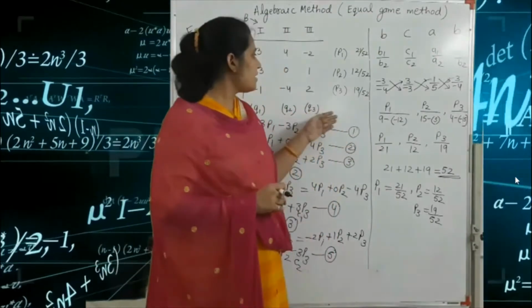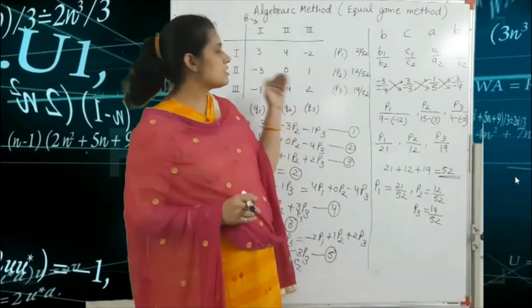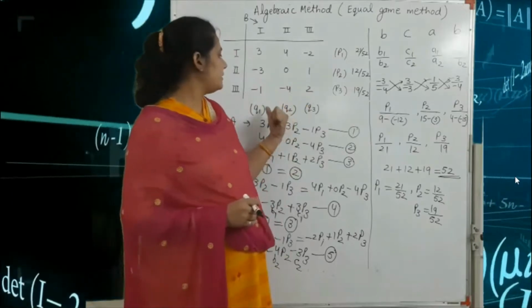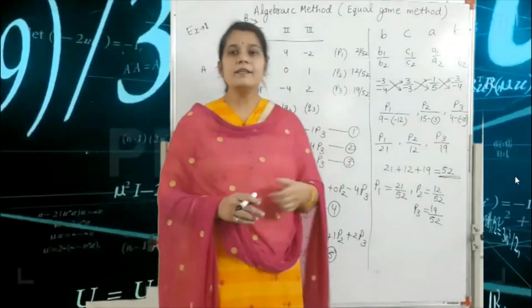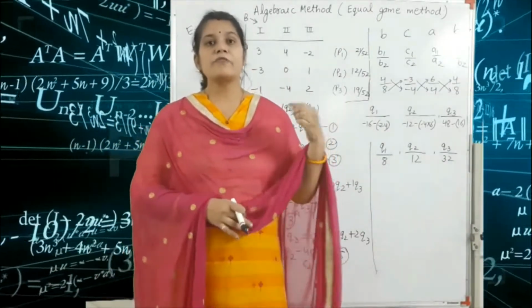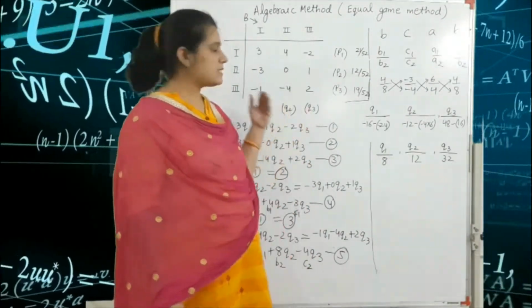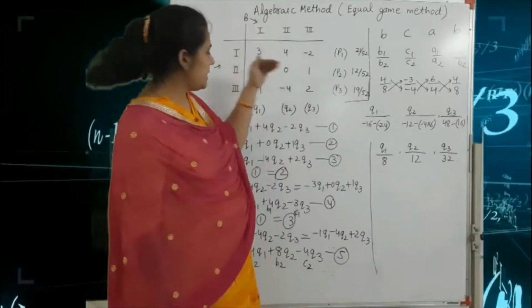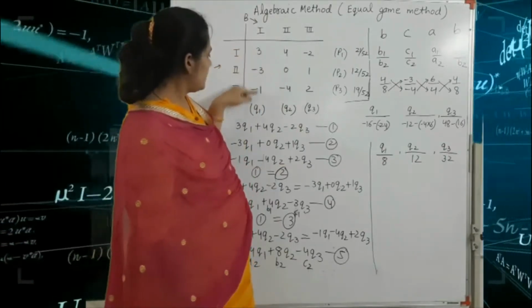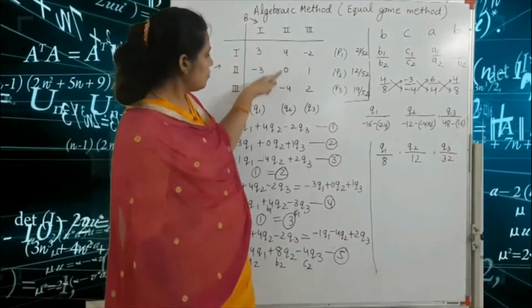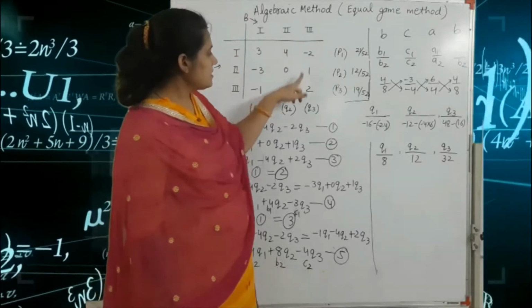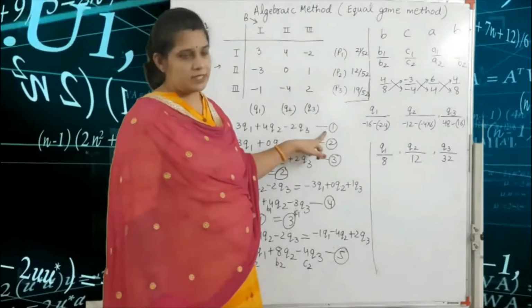So we find Q1, Q2, Q3. So same process for finding Q1, Q2 and Q3. For finding Q1, Q2, Q3, we use the same process but according to player B. So we write here 3Q1 plus 4Q2 minus 2Q3. This is the first equation.